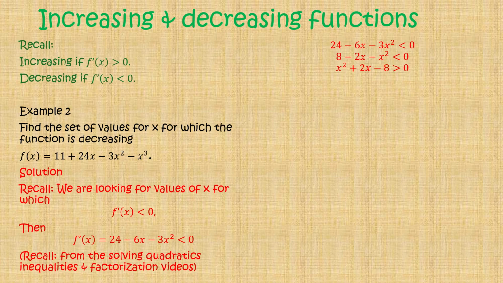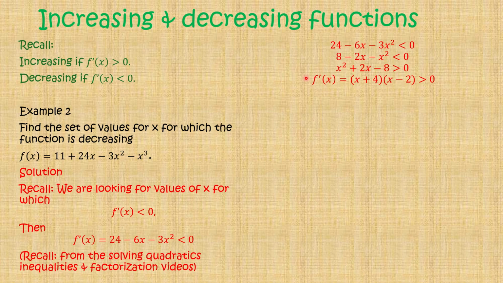Therefore, we have x squared plus 2x minus 8 is greater than 0. Implying that f prime of x, when factorized, is going to give us (x plus 4)(x minus 2) is greater than 0.